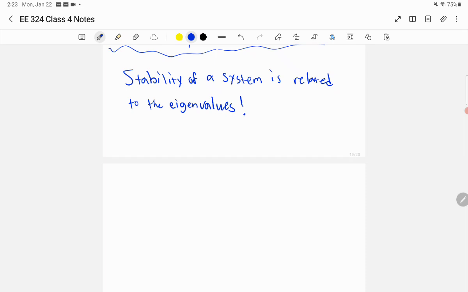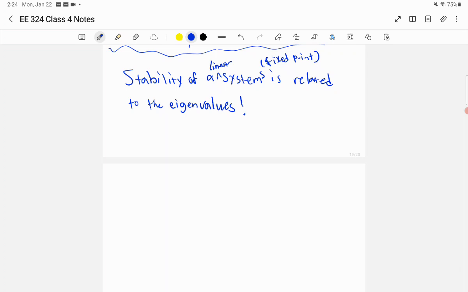What do I mean? I should say of the system's fixed point, and I should put that this is also a linear system, right? But the stability of a linear system's fixed point is related to those eigenvalues.